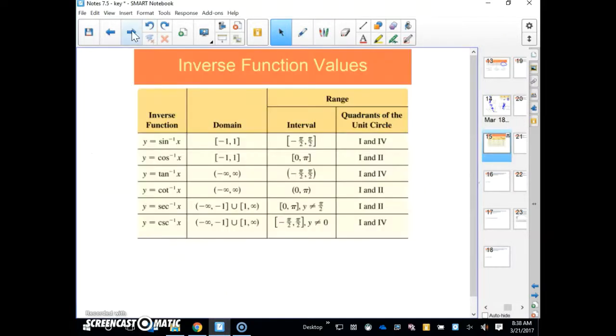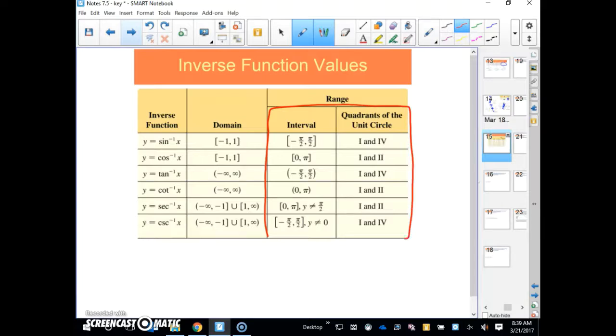Okay. So then this chart is really important. What I would really pay attention to is the range. And there's two different schools of thought. Either you want to focus on the actual interval, or you want to focus on the quadrants involved. Maybe it's good to know both. Quadrant 1 is always going to be where we're positive, and then the second one is going to be negative: quadrant 4 for inverse sine, quadrant 2 for inverse cosine.